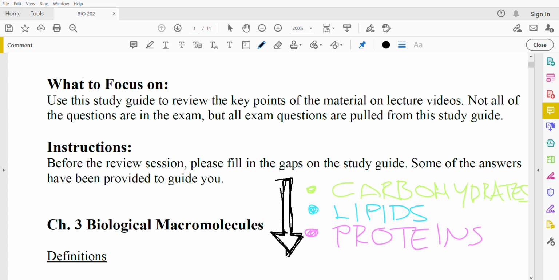If there are carbohydrates as a source of energy in your diet, your body will consume them as a source of energy. However, if you go for a diet that's low carb or no carb, your body then goes to the next available source of energy, which is lipids, so fats.